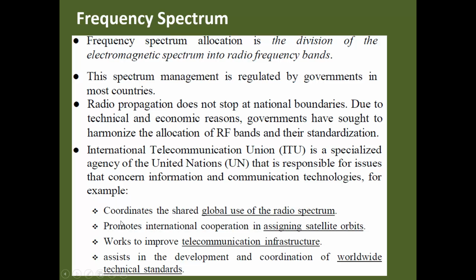For example, they help in coordinating the shared global use of the radio spectrum. How the radio spectrum will be allocated and used is governed by the International Telecommunication Union, which is an agency of the United Nations. It also promotes international cooperation in assigning satellite orbits and works to improve telecommunication infrastructure.